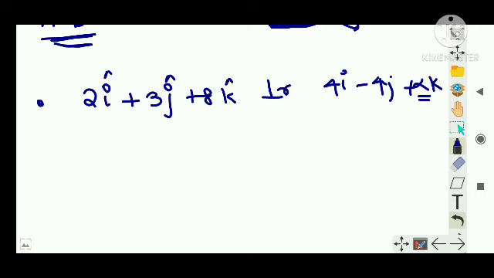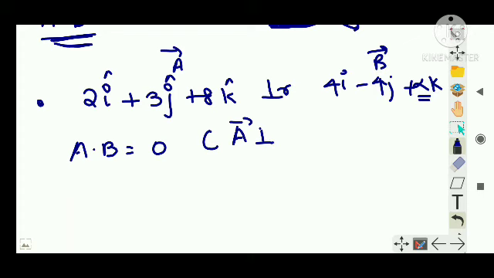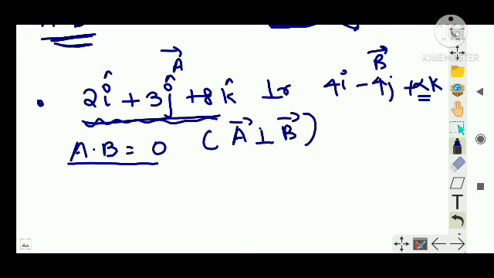How would you find it? This is very easy, guys, because you know A dot B is equal to 0 when two vectors are perpendicular. You have been told that these two vectors are perpendicular to each other, so A dot B will be equal to 0.